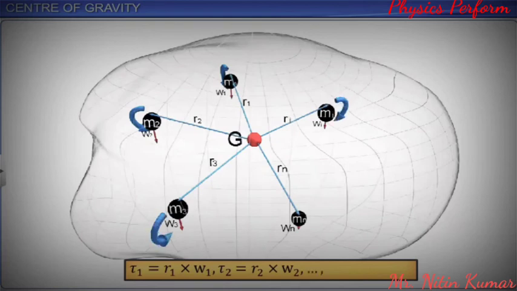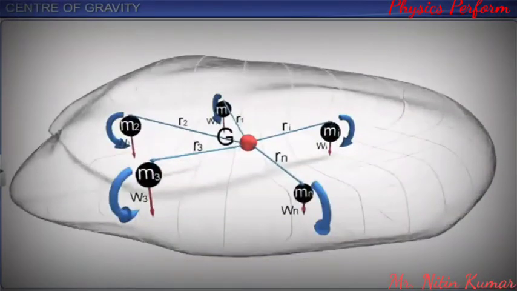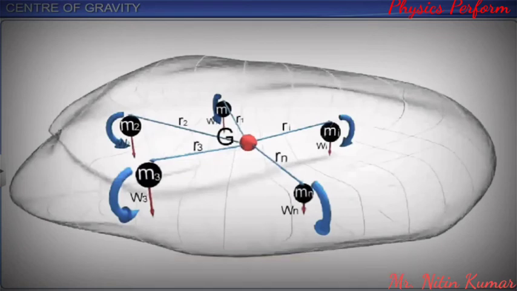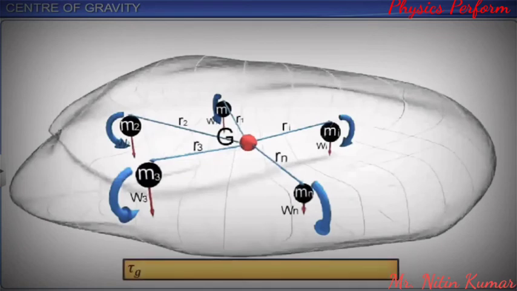If the torque due to the weight of the whole body about G is called the total gravitational torque, tau G, then tau G equals sigma tau i, which is also equal to sigma Ri cross Wi.